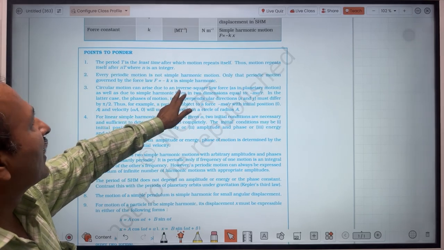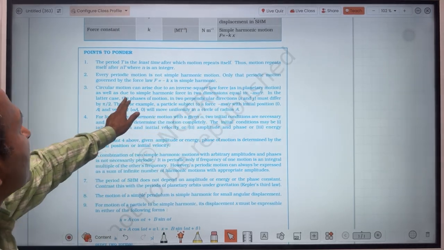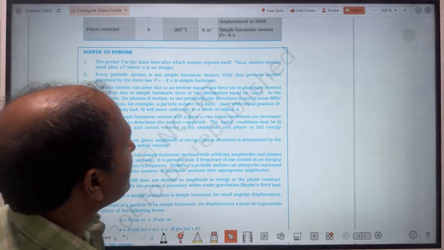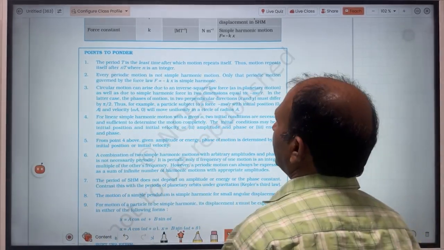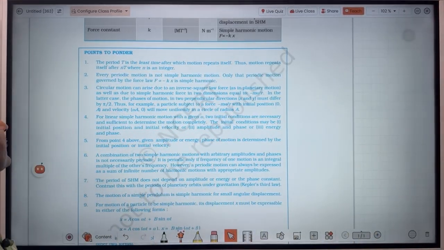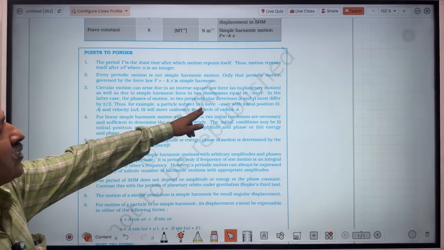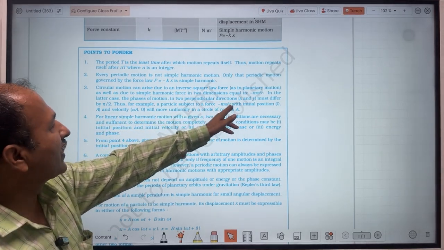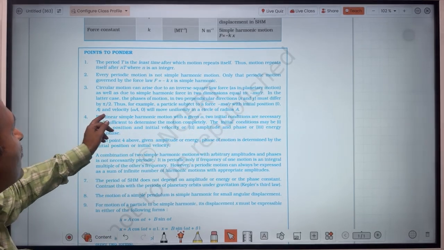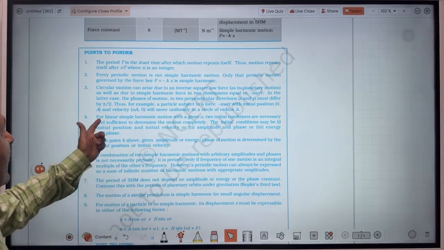Circular motion can arise due to an inverse square law force, as in planetary motion, as well as due to a simple harmonic force in 2 dimensions, equal to minus m omega squared r. In the latter case, the phases of motion in the perpendicular directions x and y must differ by pi by 2, of course. Thus, for example, a particle subject to a force minus m omega squared r with initial position a, here the amplitude, and velocity omega a, will move uniformly in a circle of radius a.